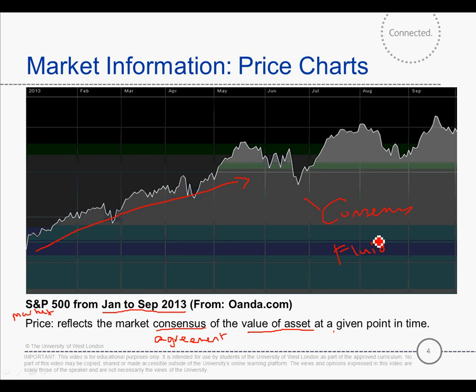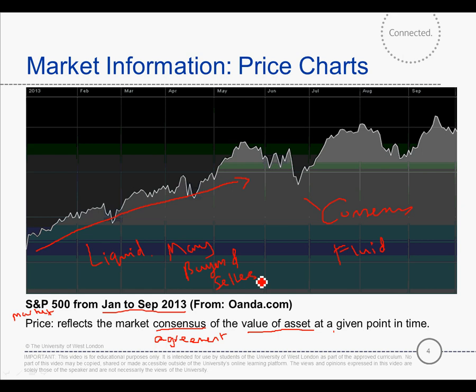I use the word rather because it gives a degree of uncertainty. And the more liquid a market is, the more fluid it is. Now, what does that mean, liquid? It's easy to sell and easy to buy because there are many buyers and sellers. For example, the market for if you own a house or if you own a flat.